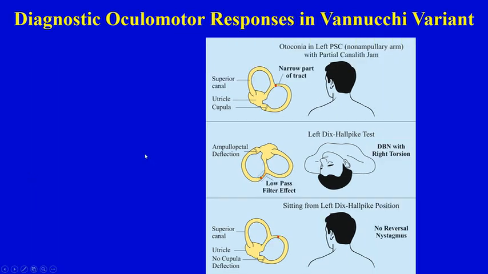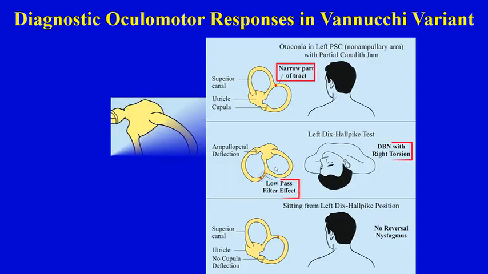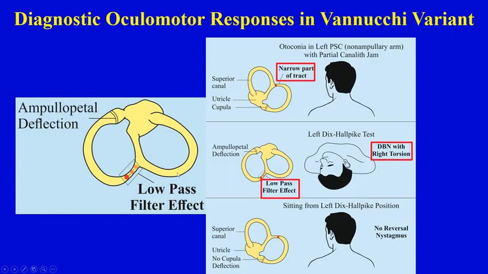What happens in the Vannucci variant? This is again the left posterior semicircular canal. The tract here is narrow. The otoconal debris is jammed here, possibly partially. So as the patient is taken to the left Dix-Hallpike position, there is a low pass filter effect, and because of it you see a persistent downbeat positional nystagmus with right torsional component that lasts for more than 1 minute.